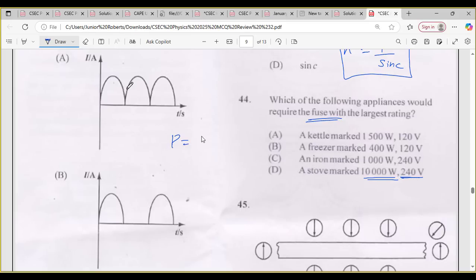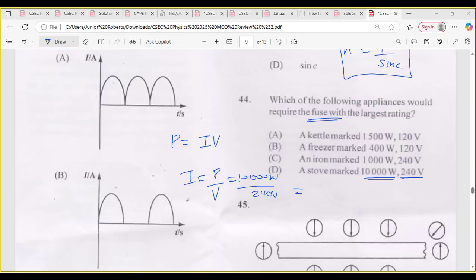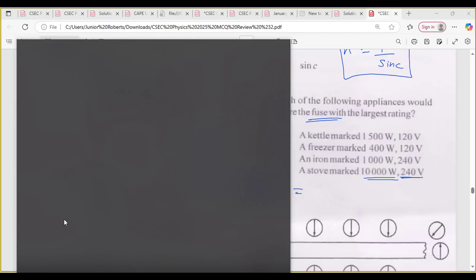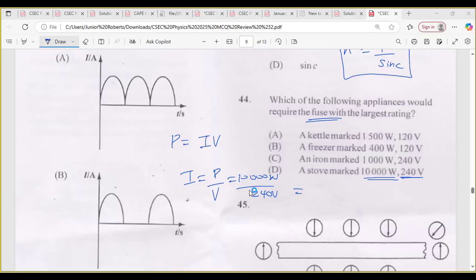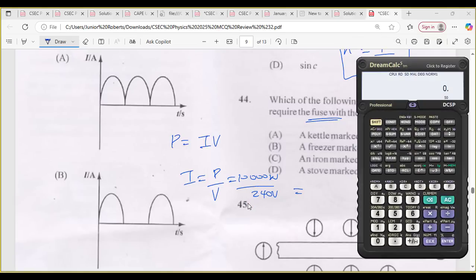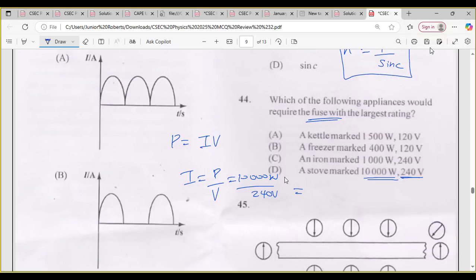Power is equal to I times V, so I will be equal to P over V. If P is 10,000 watts and V is 240 volts, 10,000 divided by 240 is about 42 amperes.